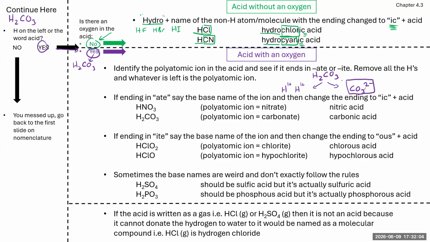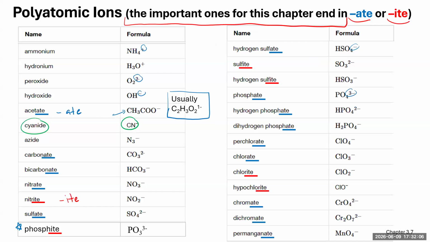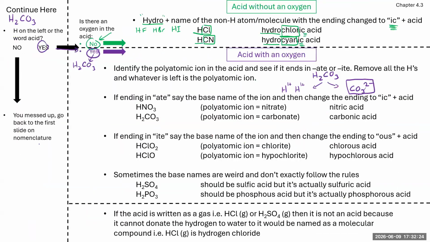On our polyatomic ion table, CO3 2 minus, where are you? Are you even here? Here you go. So carbonate. All right, it's carbonate.